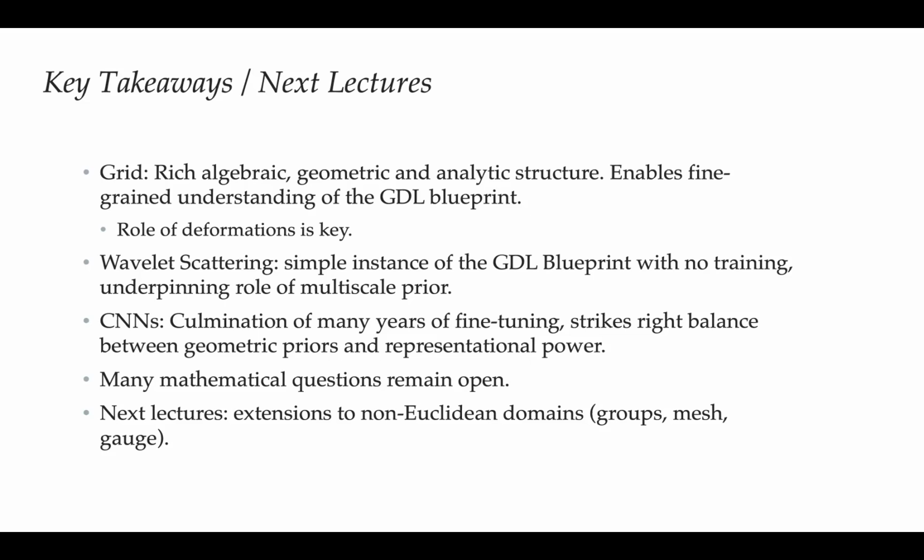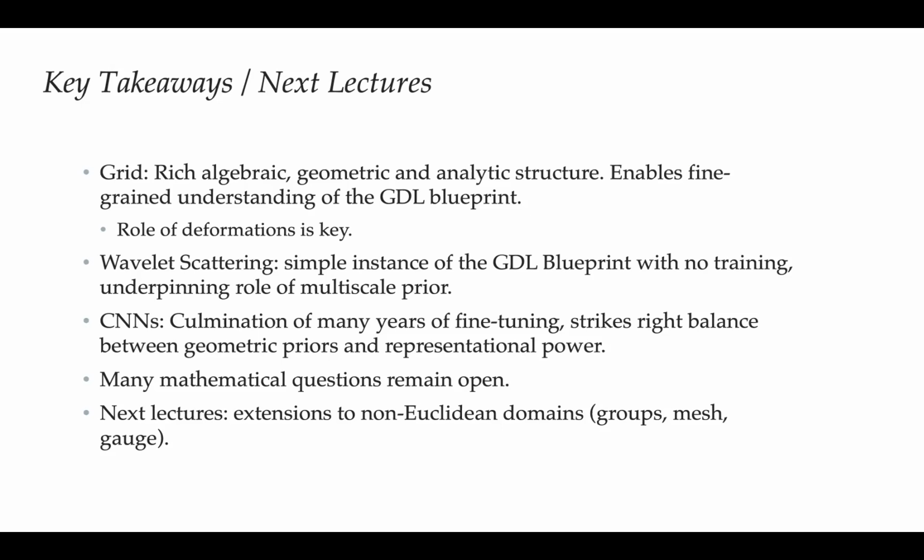Wavelet scattering is an instance of the blueprint that throws away most of the training and puts all the training at the last layer, and one can also use it to understand some of the theoretical underpinnings of the blueprint. But of course, wavelet scattering is not nearly as powerful as CNNs.